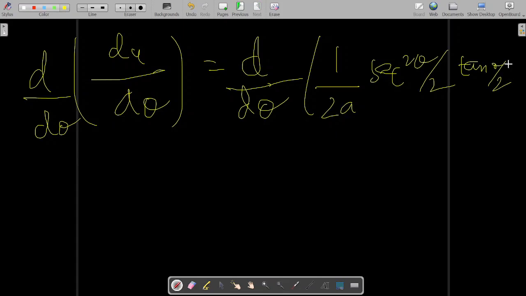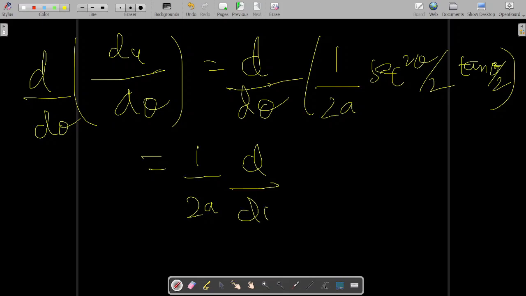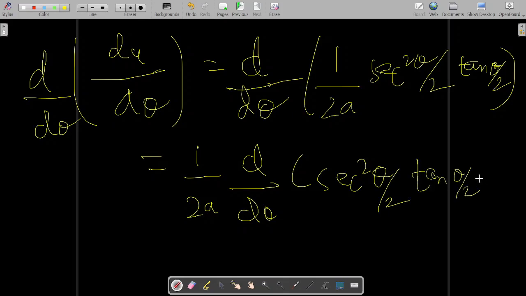So 1 over 2a will come out of here. You will get d by d theta of sec square theta by 2 tan theta by 2. Okay, so just apply the product rule. When you apply the product rule, you get something of this kind.